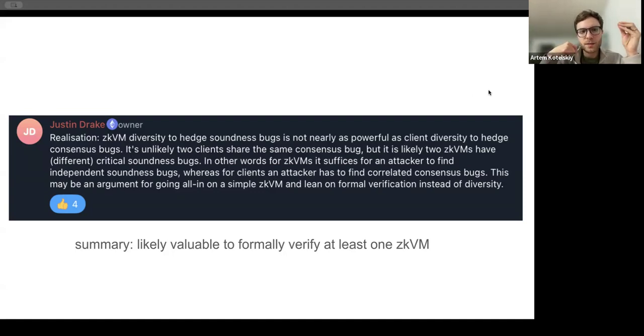So attesters and proposers who need to verify this block need to have that particular proof system, if I understand correctly, in order to verify the SNARK proof of the block. So I'm wondering, how can there be only one precompile but many ZKVMs?